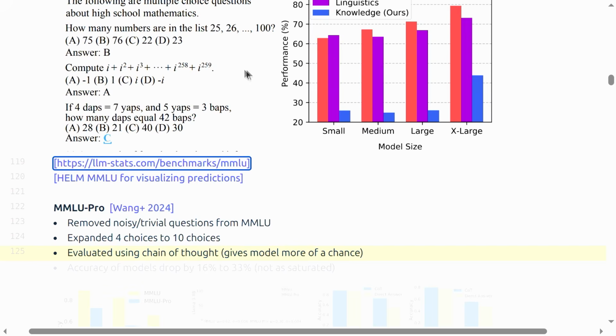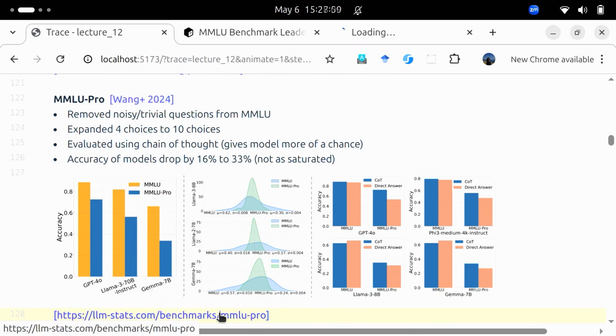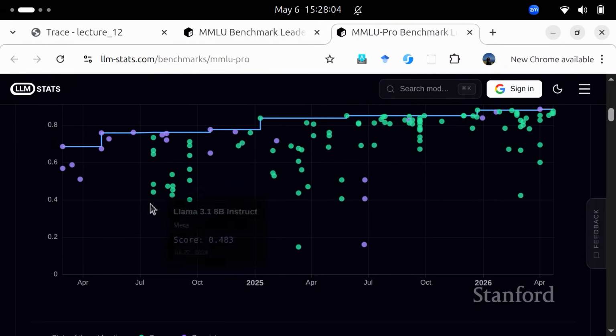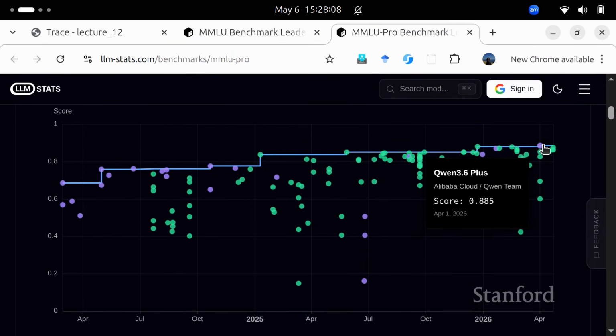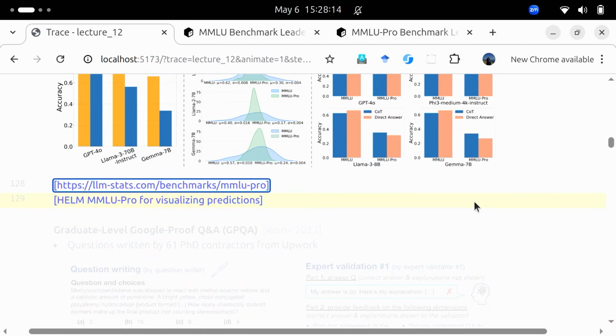And it's clear that some of these questions could benefit from a few reasoning steps. So this new benchmark was harder. Now the accuracy of the models was back at 33. But as you can see from the progress so far, it started low, and now it's back to almost 90. So this benchmark might be a little too easy as well.